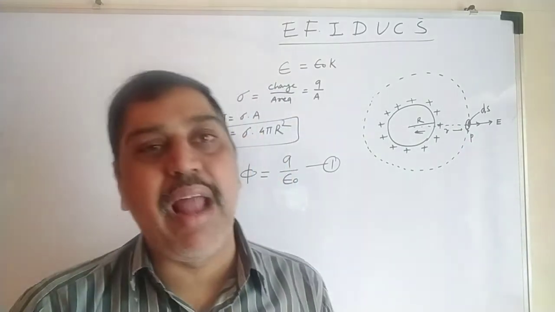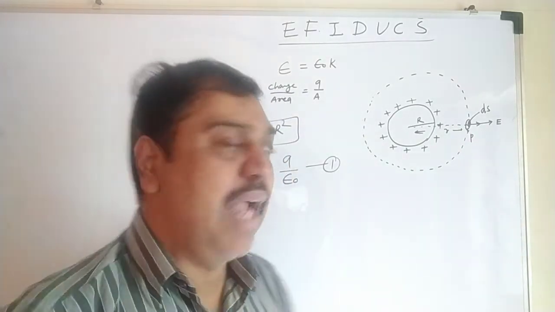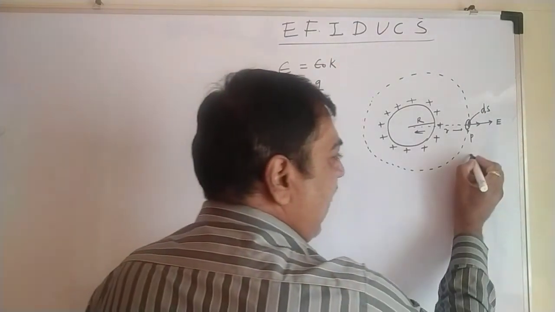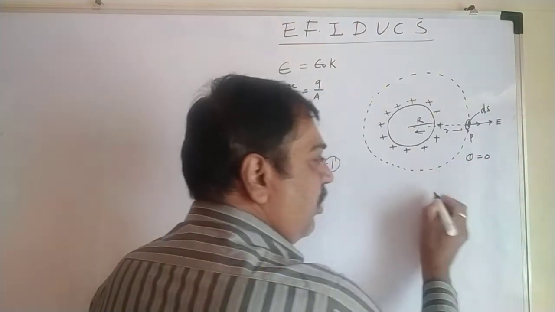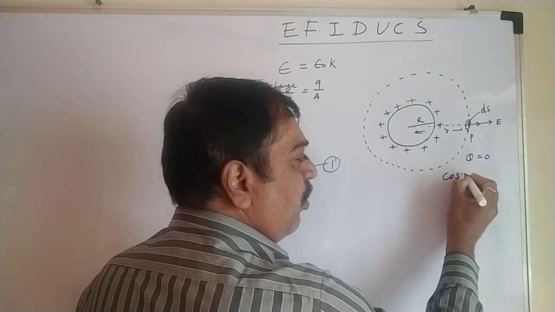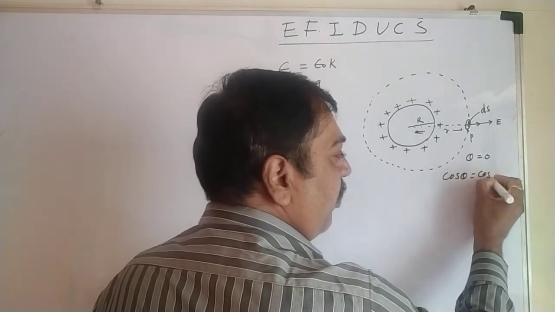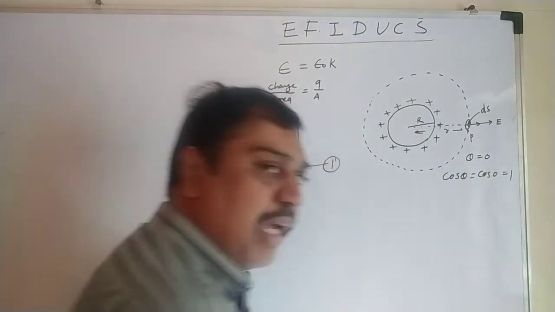So if they are parallel, what should be the angle between ds and E? The angle theta equals 0, and cos 0 equals 1.